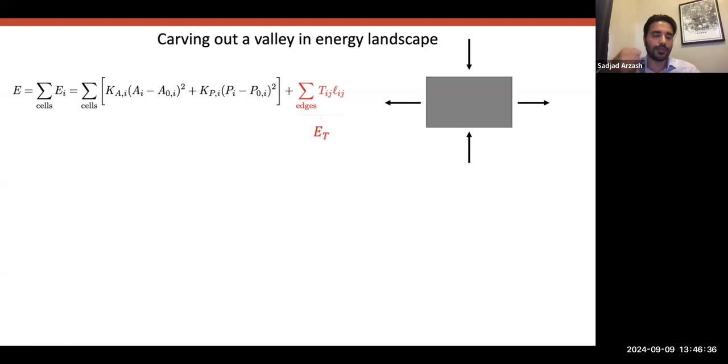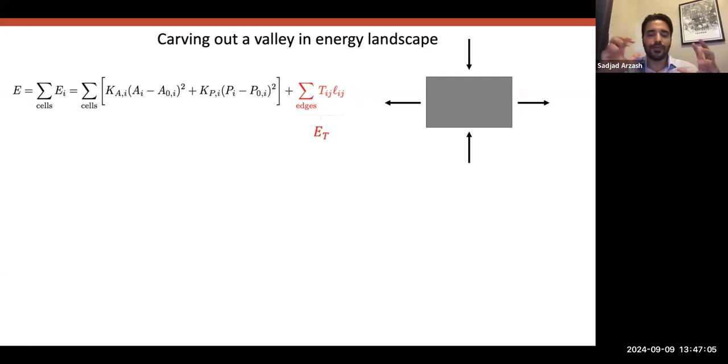I would like to be able to play with edge tensions as degrees of freedom, to tune those variables instead of just the passive edge tensions that come out of the usual vertex model. I'm going to add a new term, the tension energy. This is a tension on each edge, and this is the length of each edge. That's the additional tensional energy that I add in the system.